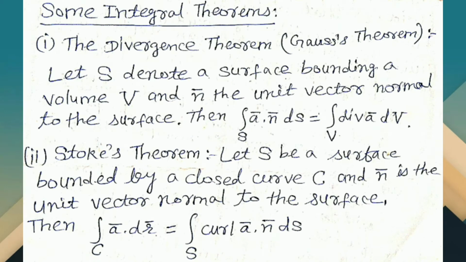Now we'll see some integral theorems. The first integral theorem is the divergence theorem, also known as Gauss theorem. Let capital S denote a surface bounding a volume capital V, and vector n bar the unit vector normal to the surface.